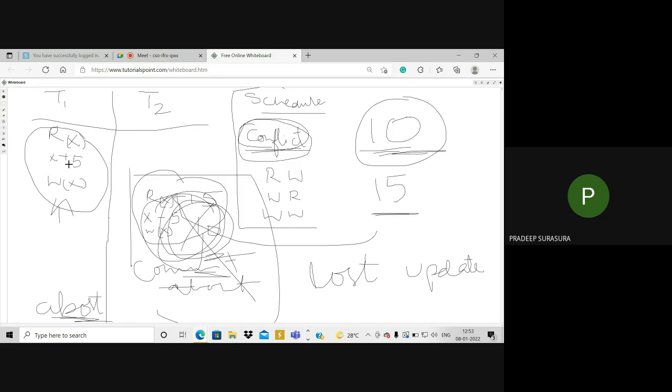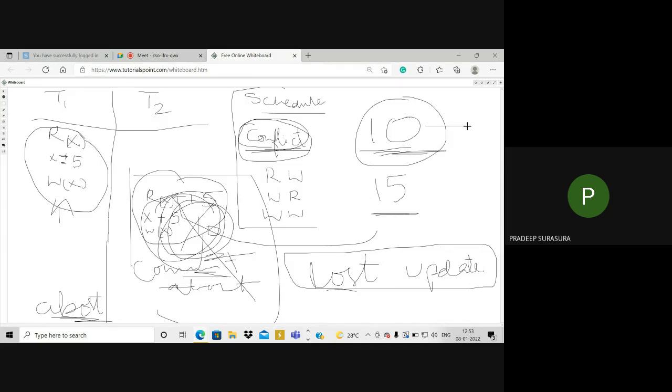Now, what if here it was x minus 5? For example, let us change the values and try to understand. We will reframe how this lost update problem works with a different value. Now, I read initially r of x is equal to 10. Now, I did x minus 5.